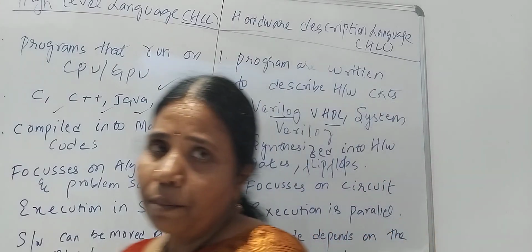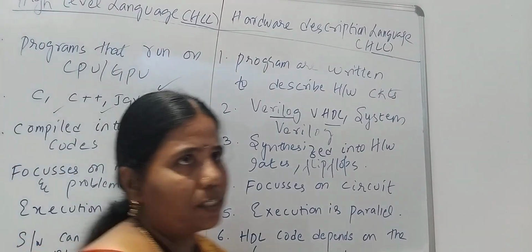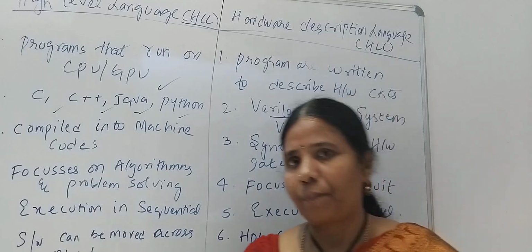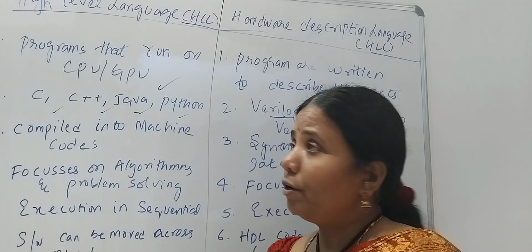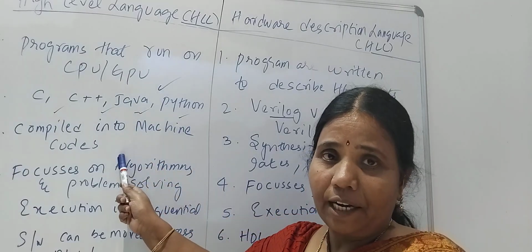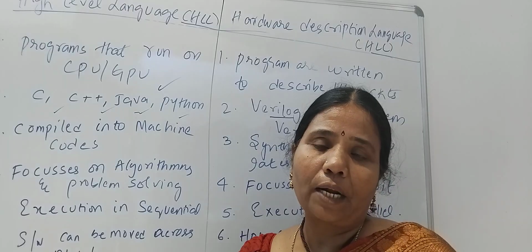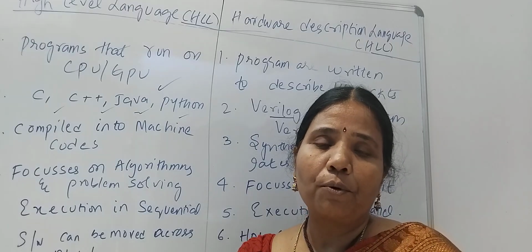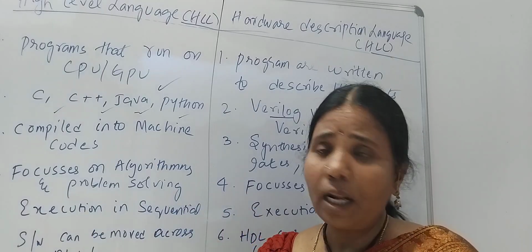Okay, so whatever programs you write in C, C++, if you go for C programming, you are going to use Turbo C. In Turbo C you have a compiler. What does this compiler do? Whatever C programming, high level language programming, is there, it will convert into machine level language programming. Those machine level programs, ones and zeros, are put on your CPU.